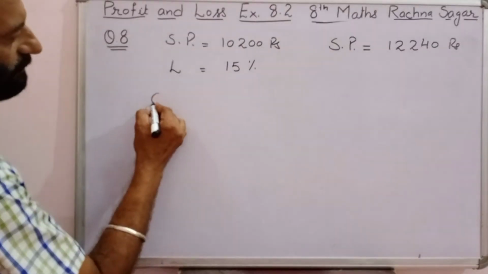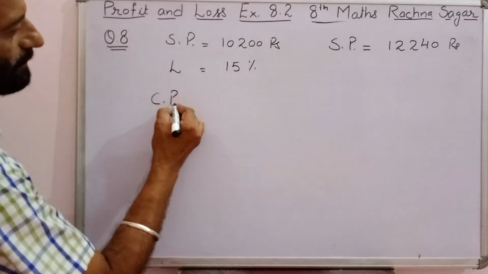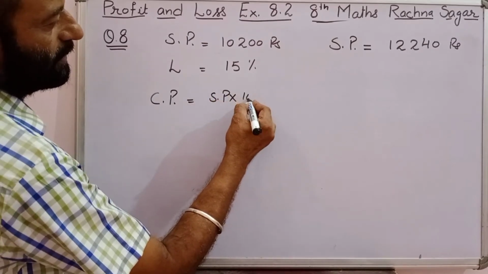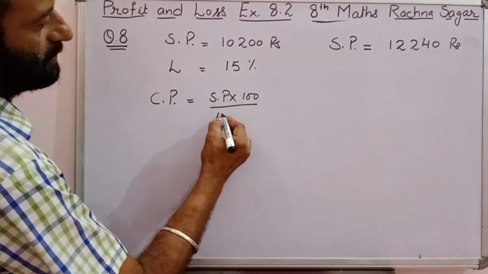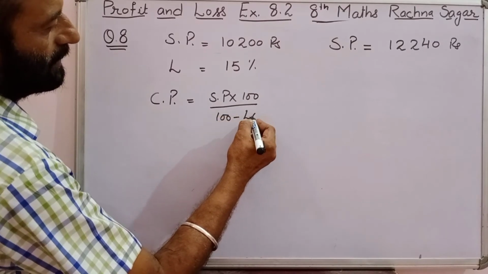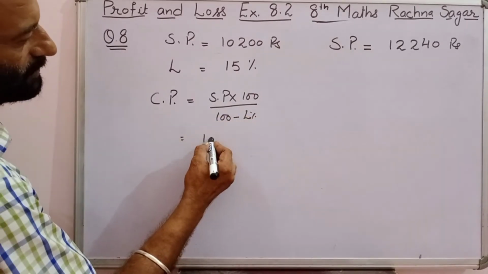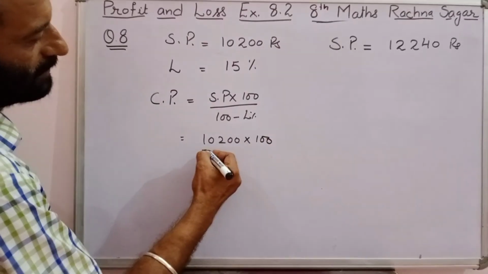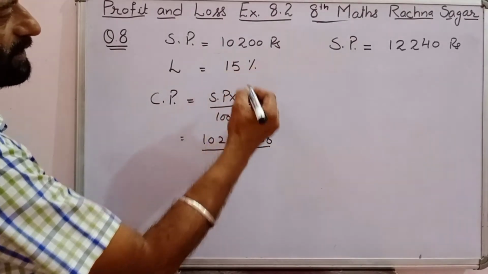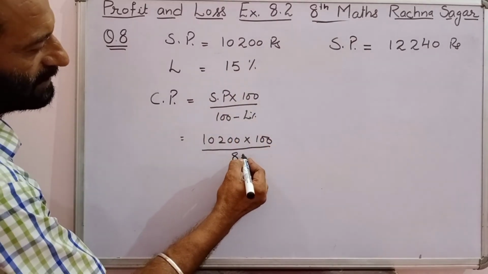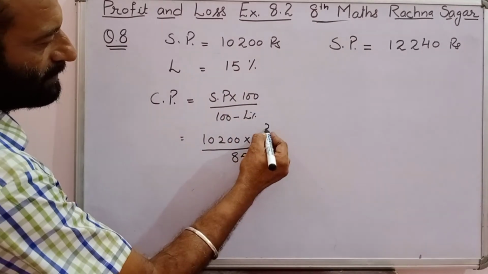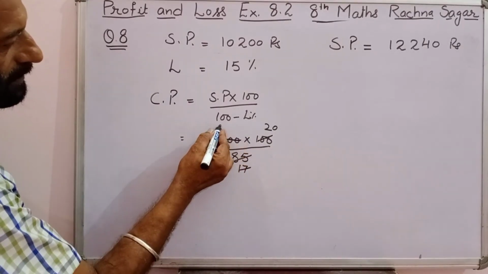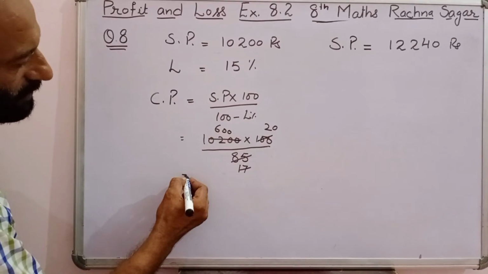So from this we will find the cost price of the dining table, that is equal to SP into 100 over 100 minus loss percent, and it is equal to 10,200 into 100 over 100 minus 15, that is 85, and it comes out to be 12,000 rupees.